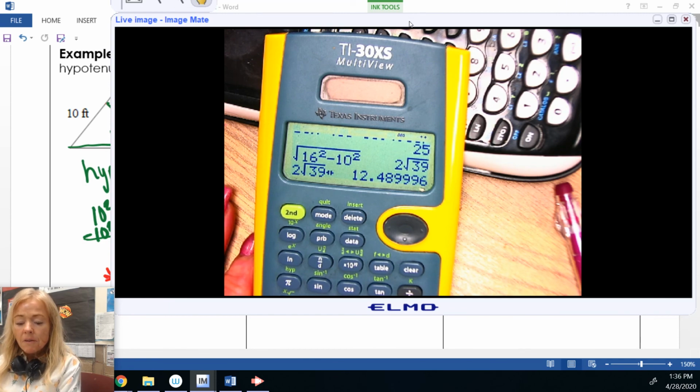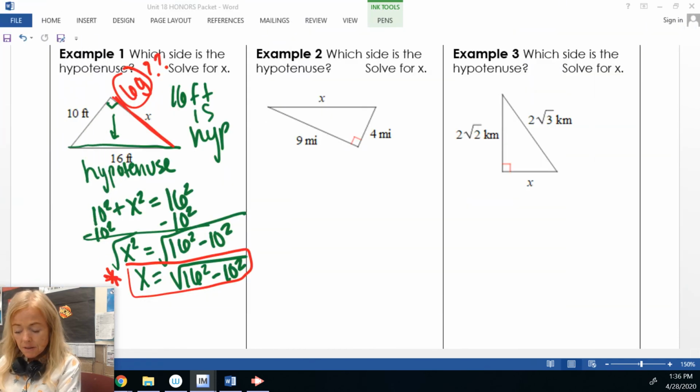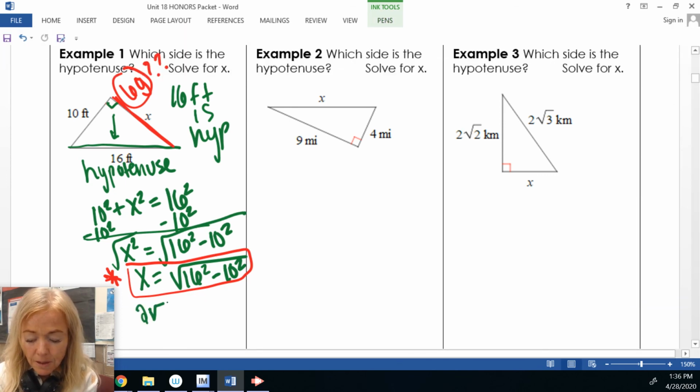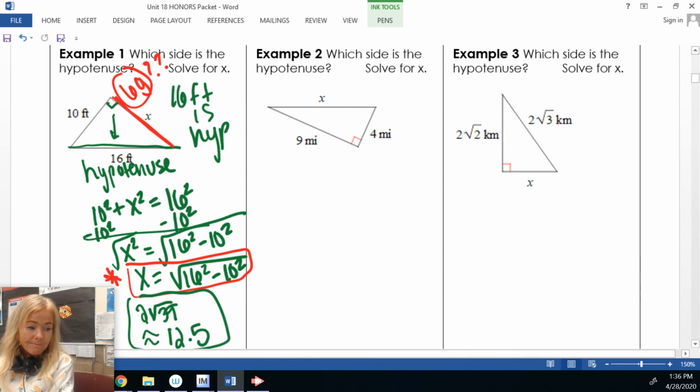So we can write 2 radical 39, or approximately 12.5. That's what x is equal to. Pretty cool, right? Not too bad.